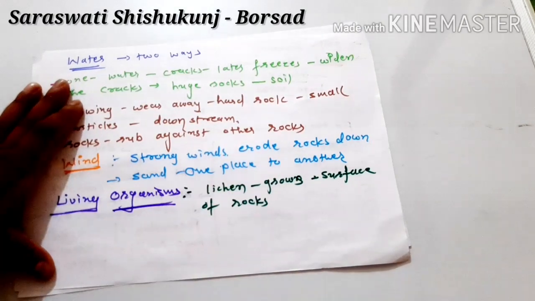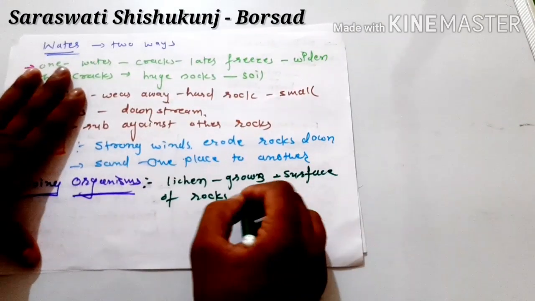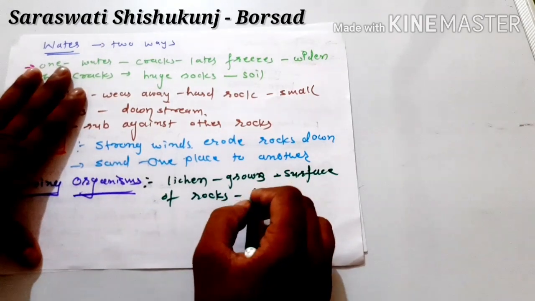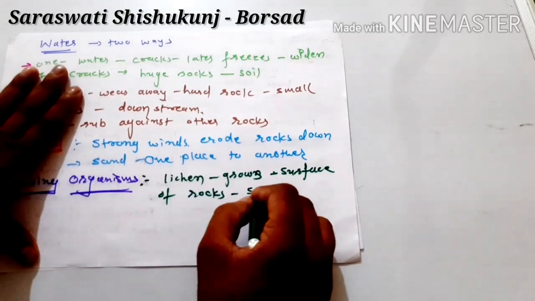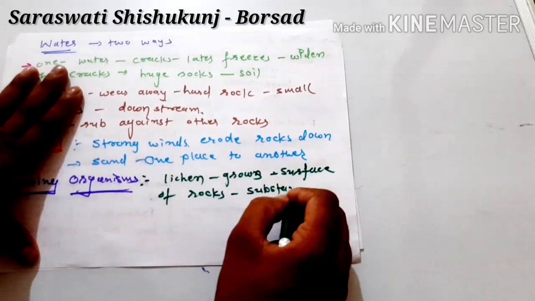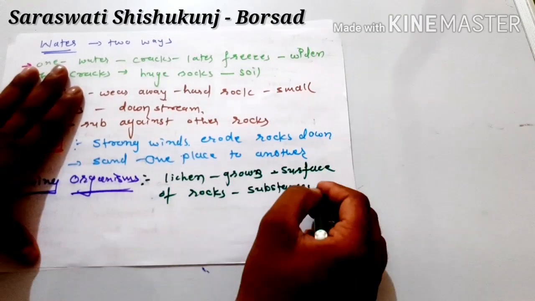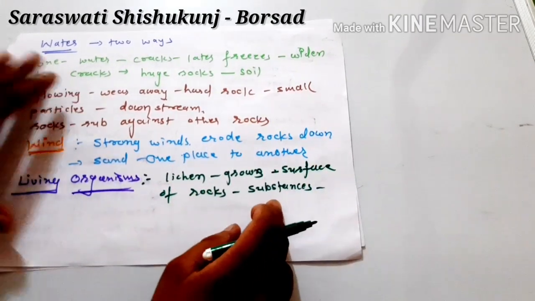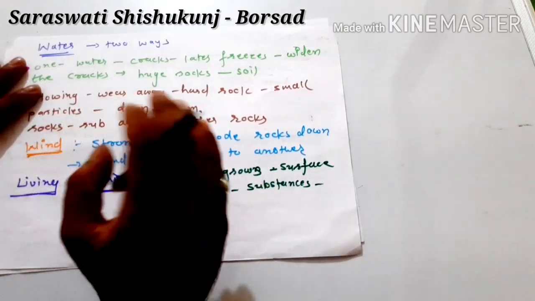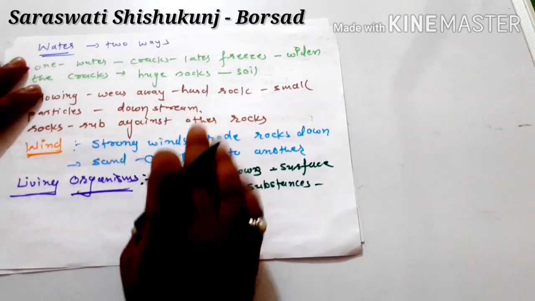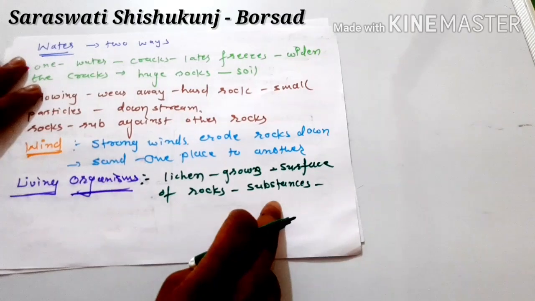Lichen always grows on the surface of rock. During its growth, it releases certain types of substances, right? What do these substances do? It grows on the surface of rock, and during its growth it secretes different types of substances.